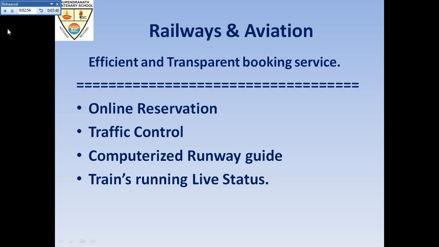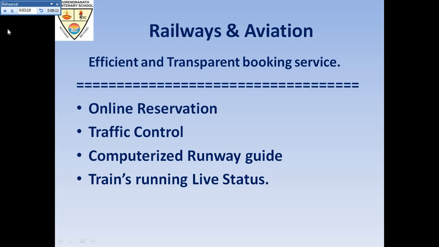At the same time, it is also very helpful for airways industries. How? Because these airways industries are taking the help of a computerized runway guide. Now this is basically a feature where these computer applications help the people working in the air traffic control office.